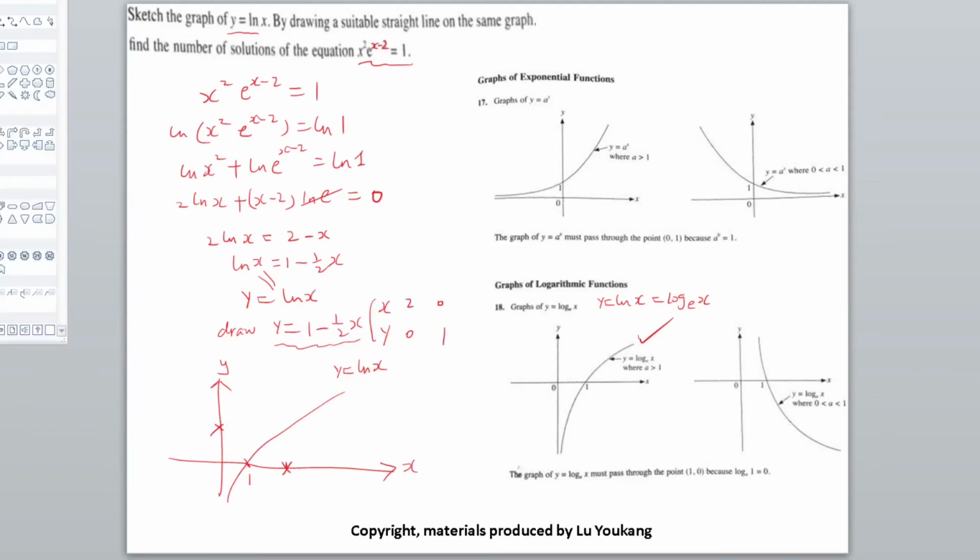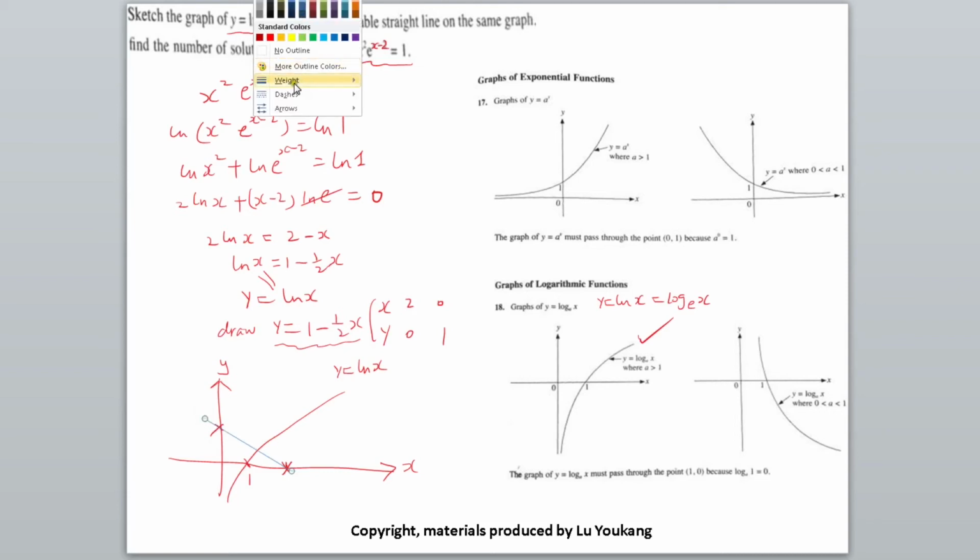Let me use a straight line tool here instead of drawing it freehand. So I have drawn a straight line. Let me adjust it so that it links these 2 points perfectly. And not only this, let me darken this line as well.